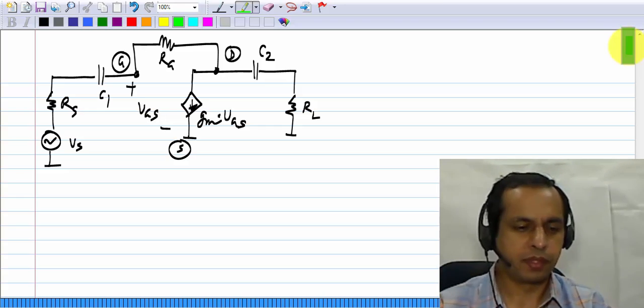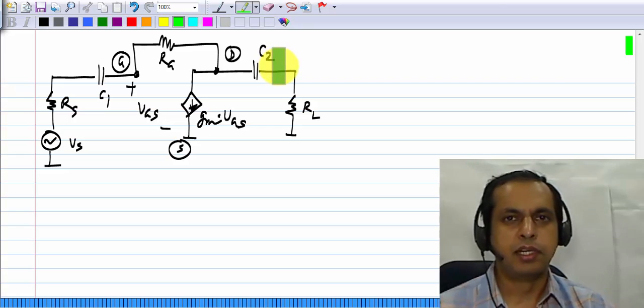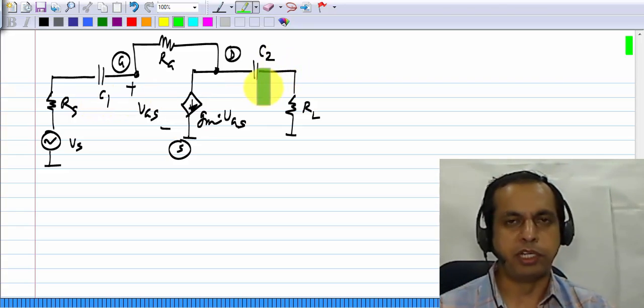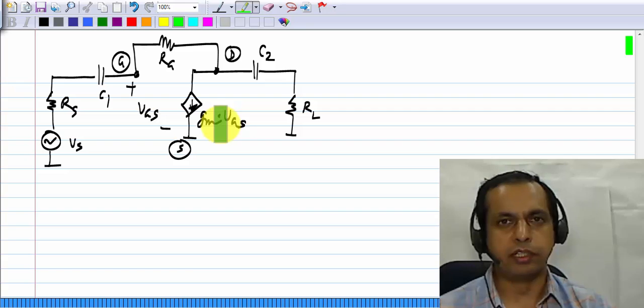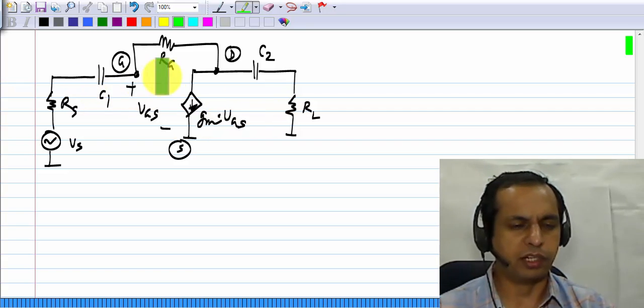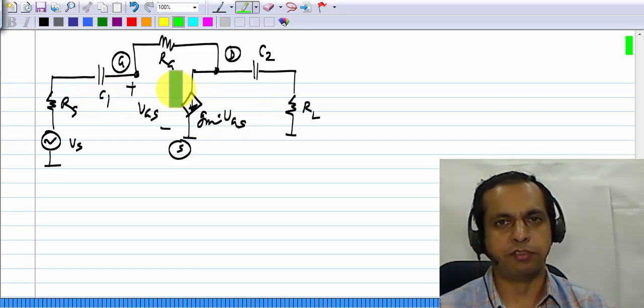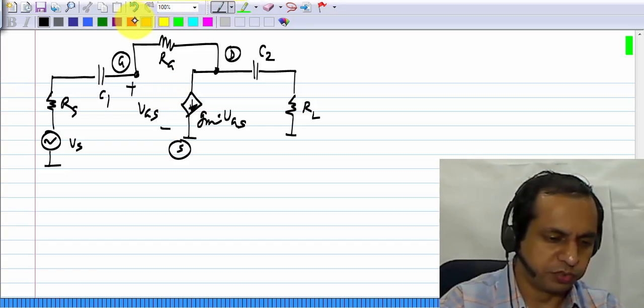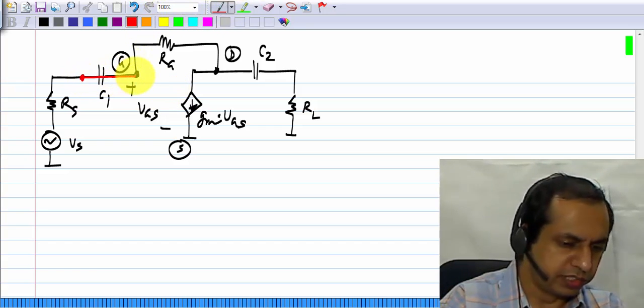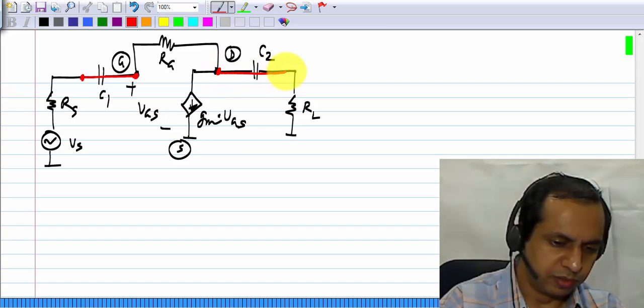Okay. Now we have these two capacitors, and we know that we want these capacitors to behave like short circuits. We will evaluate the constraints later, but for now we will assume that they satisfy whatever constraints they have to, and they do behave like short circuits for the desired signal frequencies. Okay.